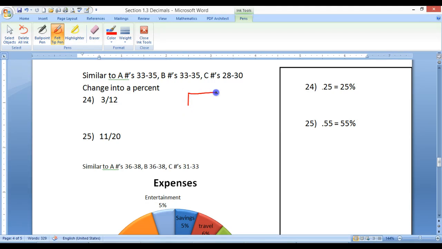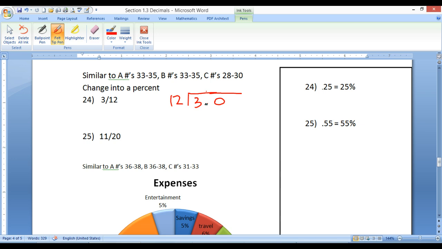We made a division sign. The top number goes inside, the bottom number on the outside. Because 12 can't go into 3, I need to give myself a decimal and a 0. And make sure in your answer that the decimal is directly above the decimal underneath the division sign.